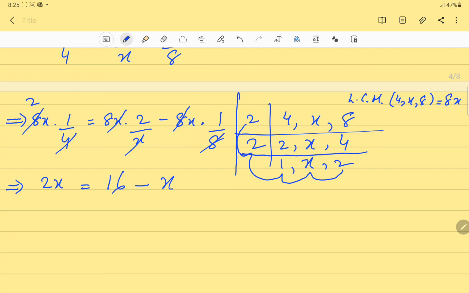So we are having now 2x is equal to 16 minus x.